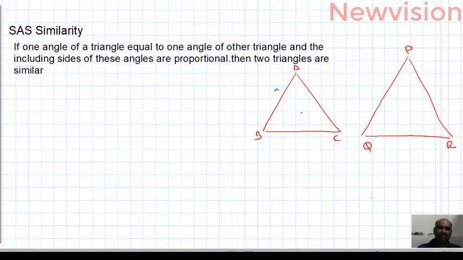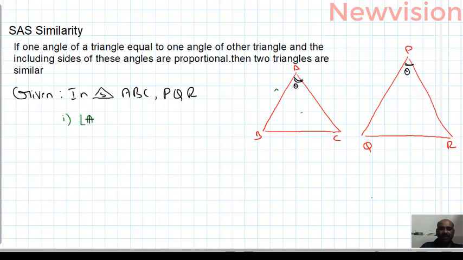So given that this angle equals this angle, I will write the given data first. Given, in triangles ABC, PQR: first one is angle A equals, actually you need to write angle BAC instead of A. A means the outer one is also called angle A only, no?